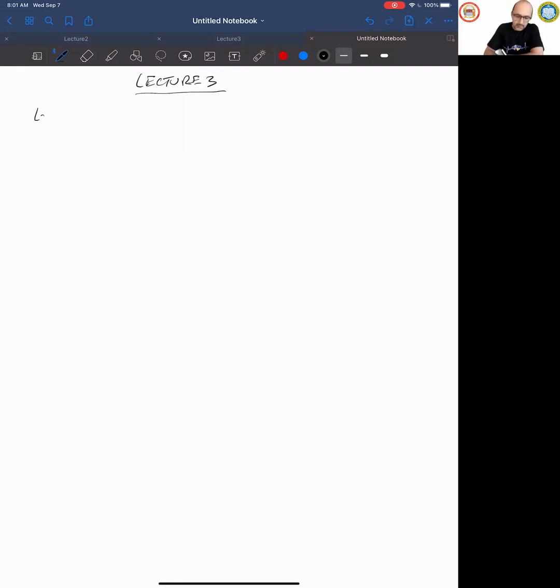Last class, we started the big topic of convexity, which plays a huge, positive role in modern data science. Basically, the feeling is that convexity is good and non-convexity is bad.